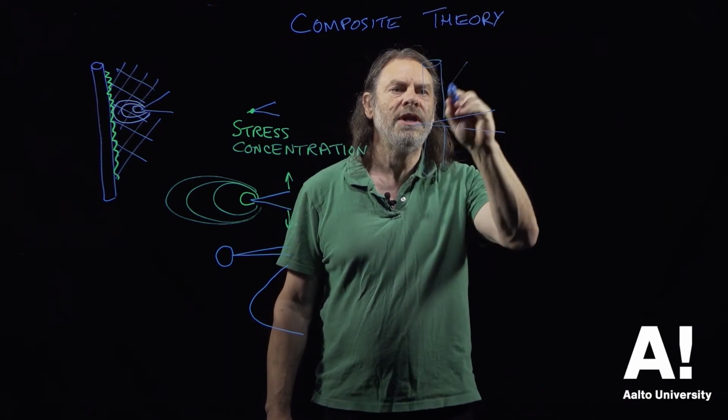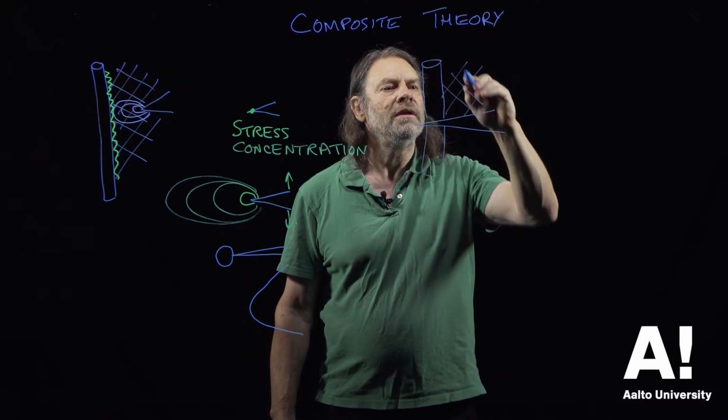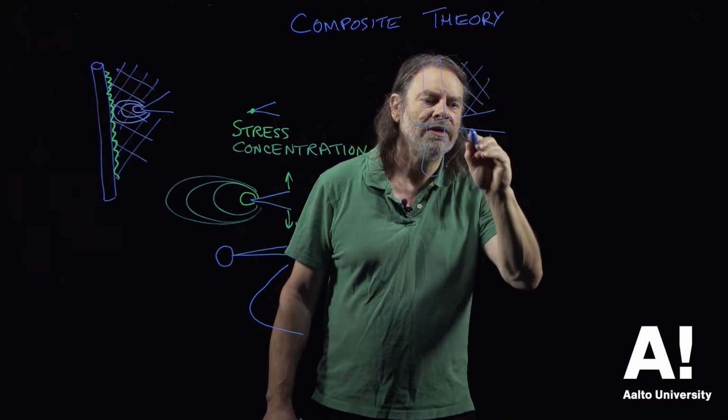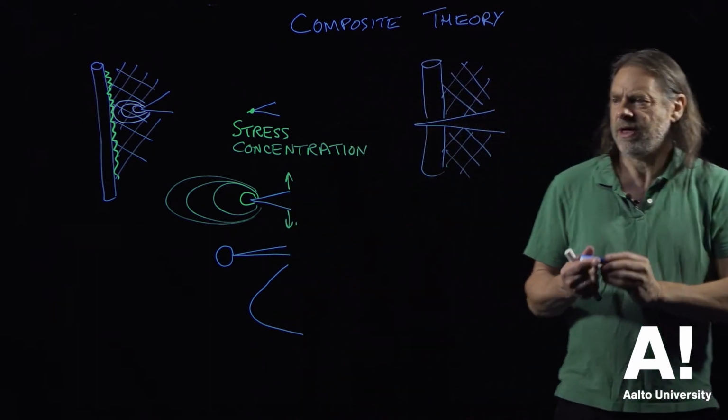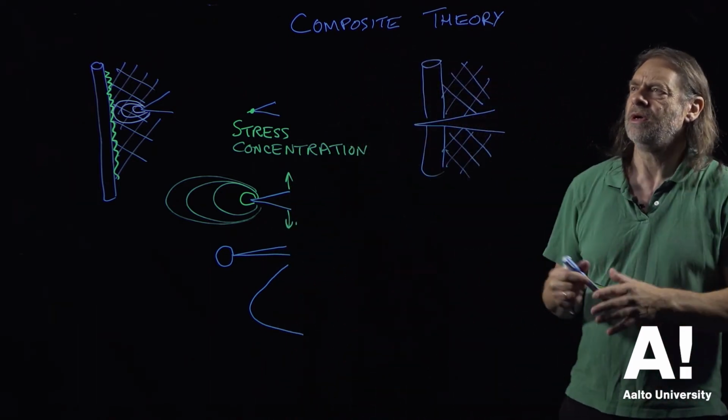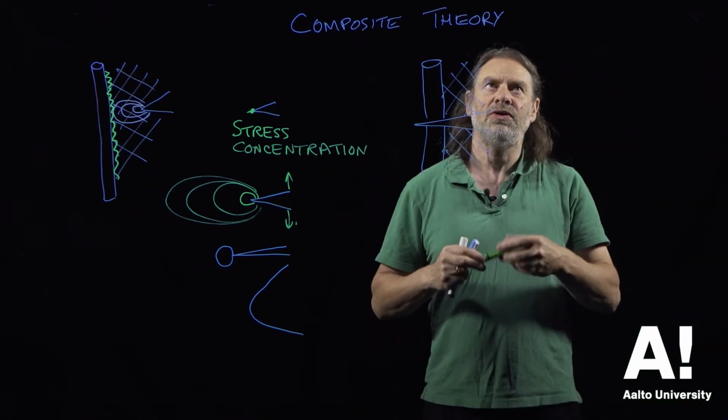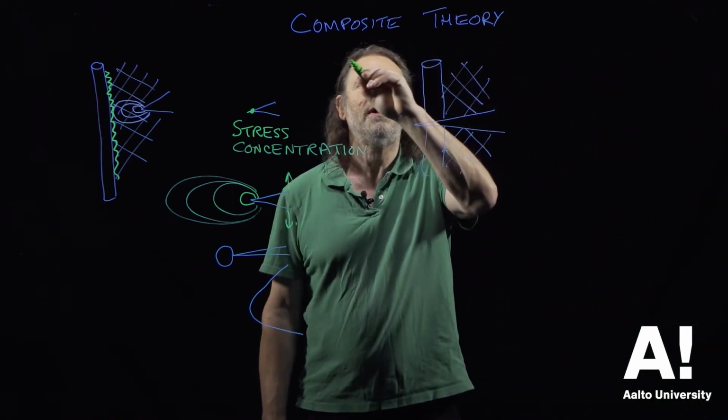It doesn't even know, if a crack could know anything, that there's a reinforcement there. So that crack will run through, and that leads to what is called catastrophic or brittle failure.